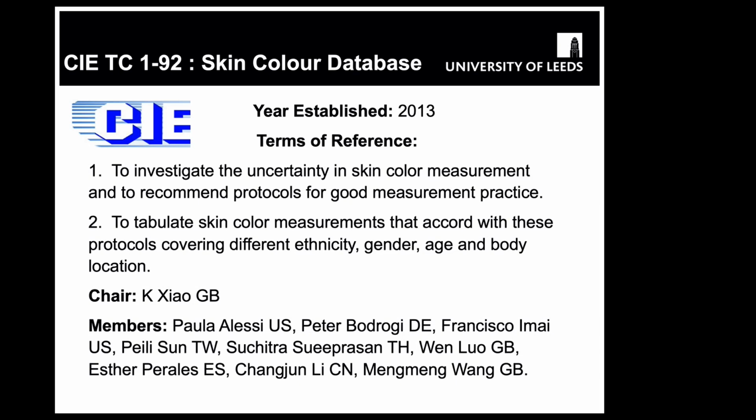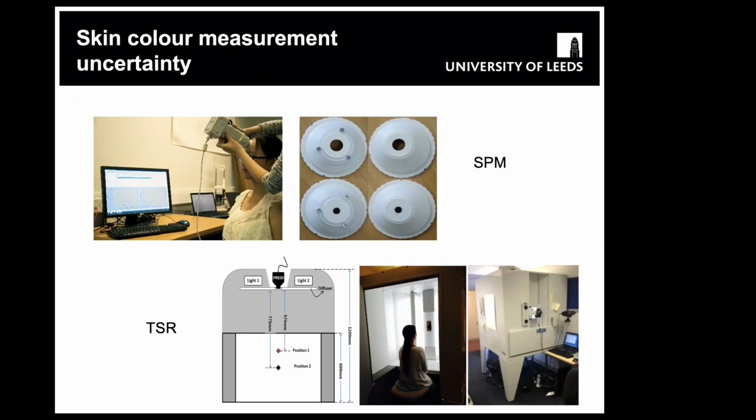At the moment, there are too many skin color databases, and none of them are very comprehensive. The problem is they are not able to be combined with each other because every database uses a different measurement instrument or measurement method. So in 2013, we established a technical committee in the CIE, and we work together with people in different countries, and hopefully we can collect some useful data.